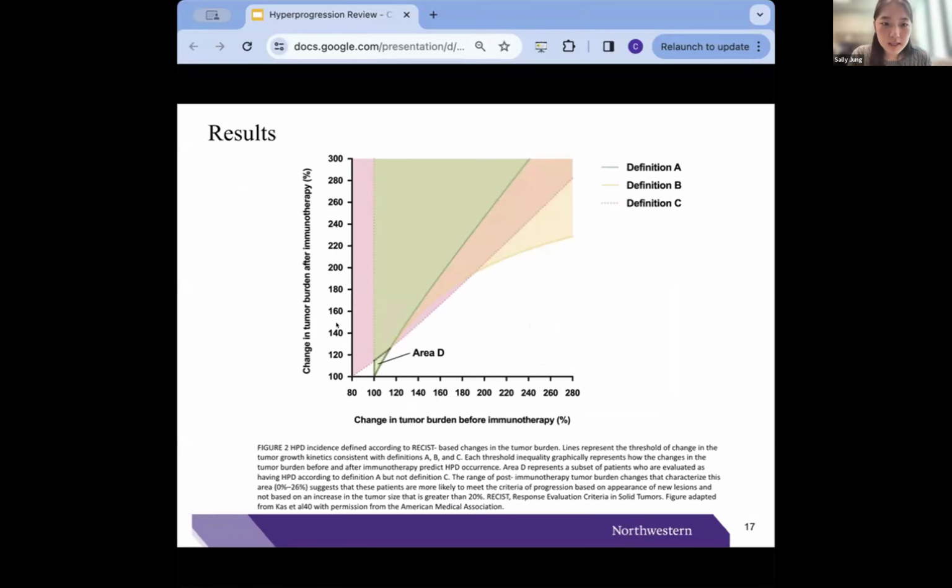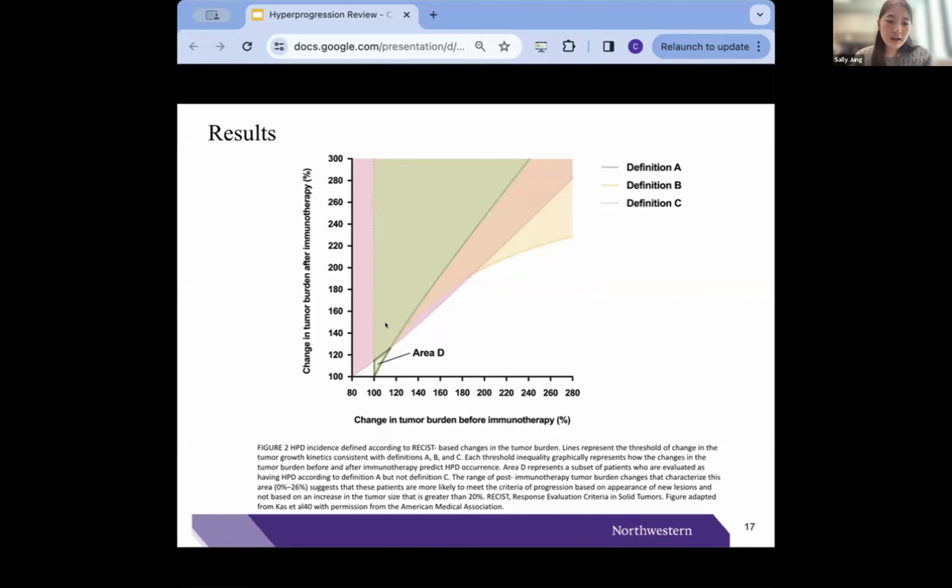So first of all, the thresholds for definitions A and B, the green and orange colors, are based on a ratio where both the numerator and denominator must be greater than 0. So these two definitions can only describe HPD in patients who experience an increase in tumor burden during both the pre-immunotherapy and post periods.